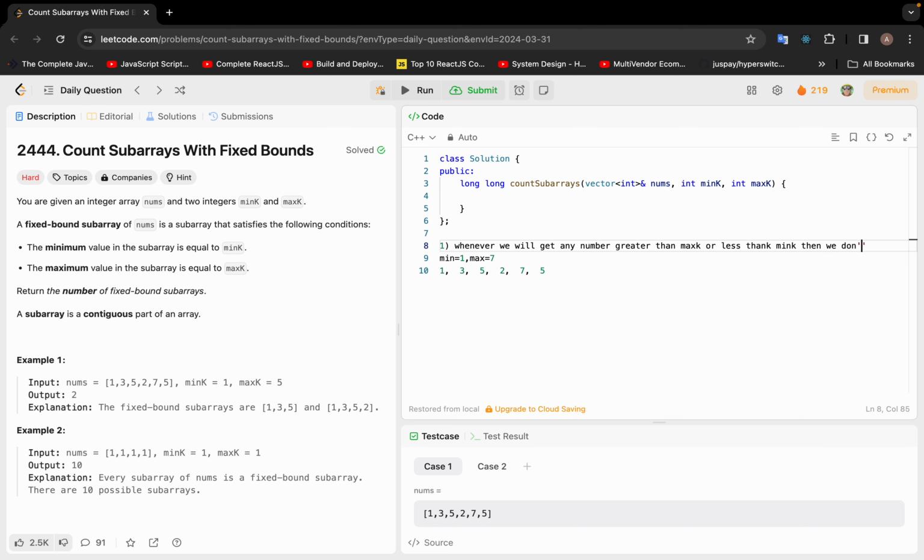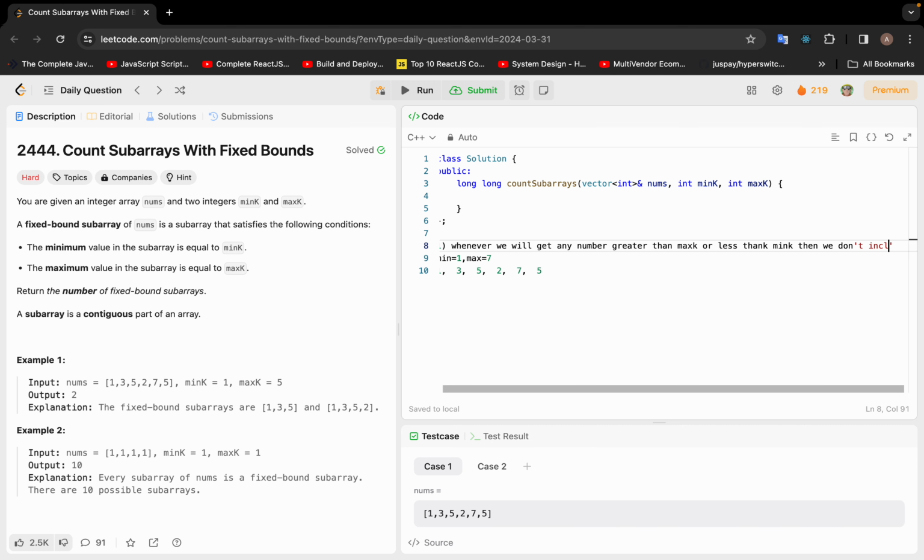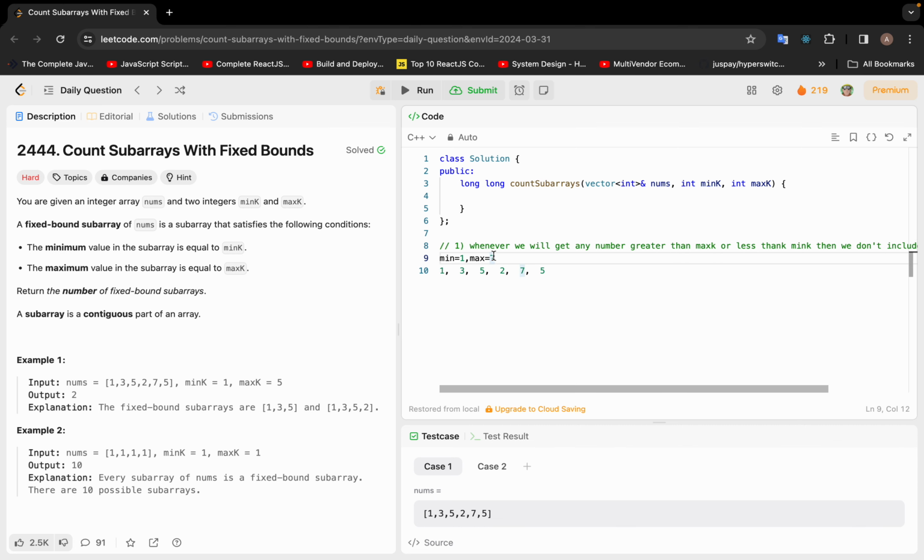We don't include it in my answer. What I mean is that we split the array into the part before that element and the part after it. So suppose this is the 7; I will treat this side of the subarray separately and that side separately.